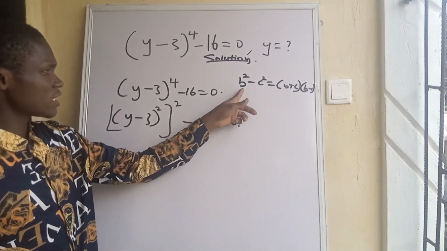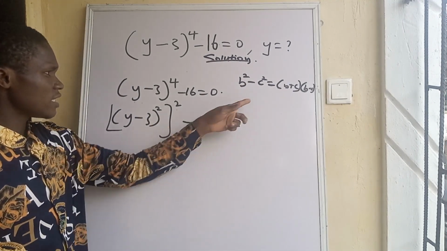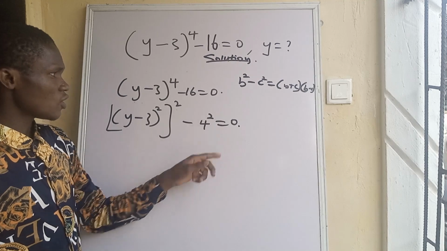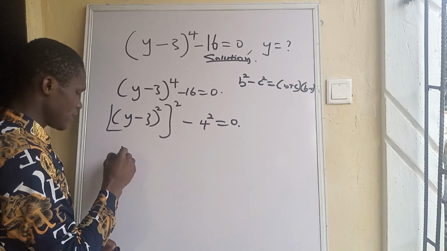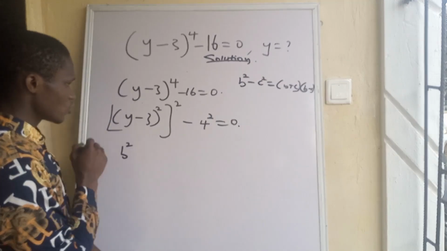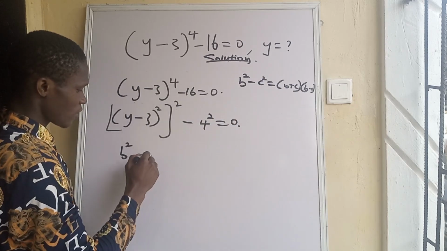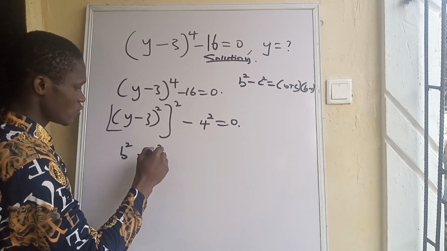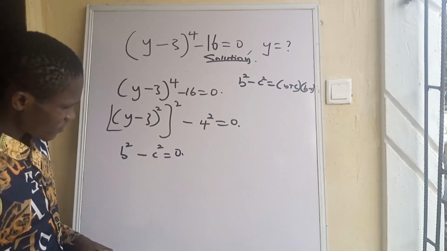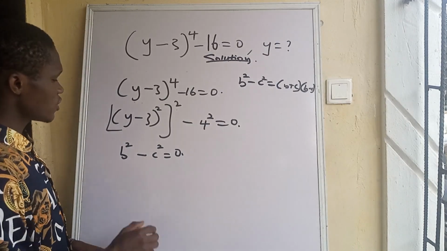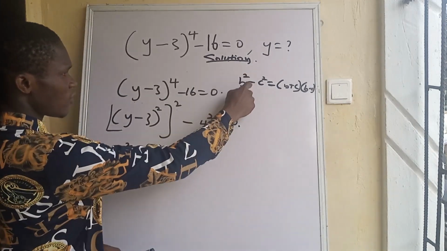In other words, we take this to be b, and we take this to be c. So we can have b to the power of 2, which is this 2, minus c, where c is 4, c to the power of 2 equals 0.